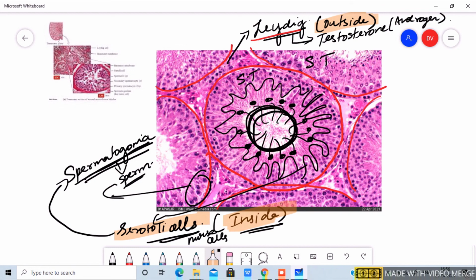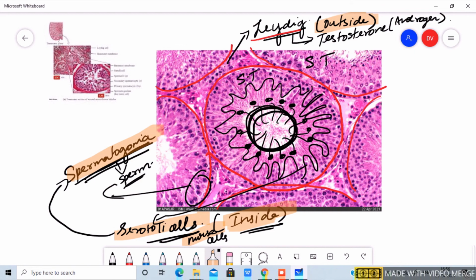Sertoli cells are otherwise known as nurse cells, which nourish the spermatogonia, which can develop into sperm. Spermatogonia is the mother of the sperm. Once they mature and form sperm, the tail will be dropping inside the lumen of the seminiferous tubules.